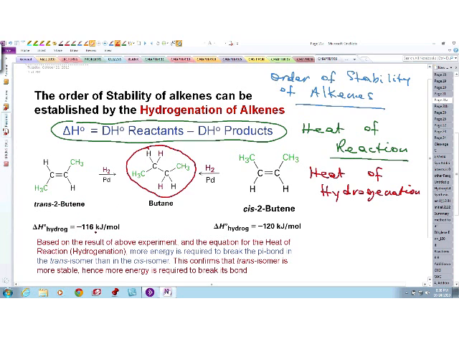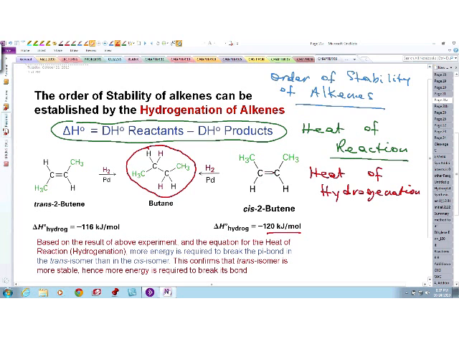Now for the heat of hydrogenation of trans-2-butene, 116 kilojoules of energy is released. On the other hand, for the heat of hydrogenation of cis-2-butene, 120 kilojoules of energy is released.